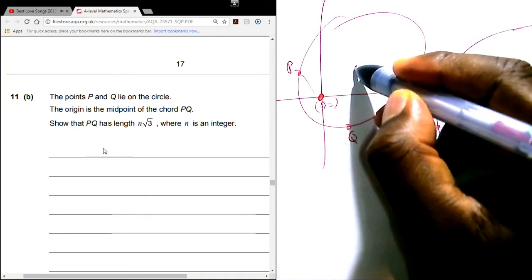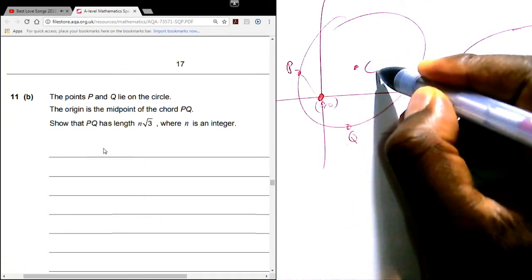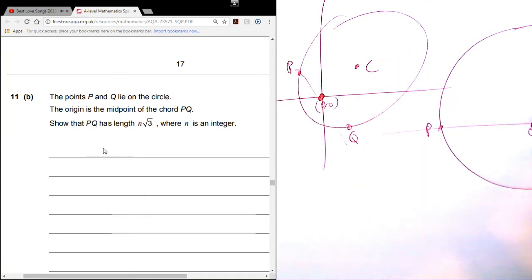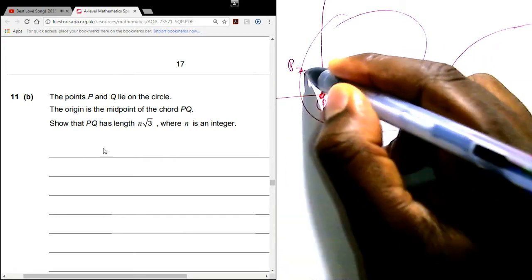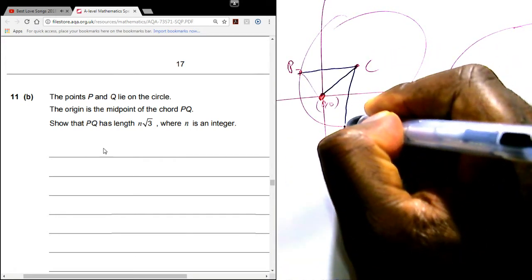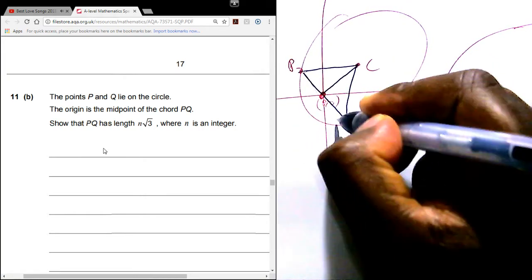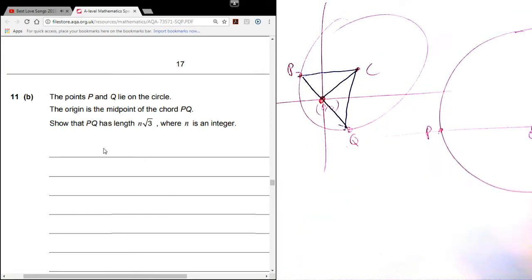And the center of the circle is still there. So it doesn't really matter how I draw it. What matters is the picture you get from it. You can see that we have lines like that. What do you think about that?